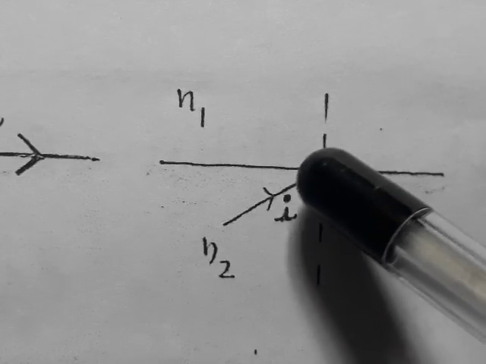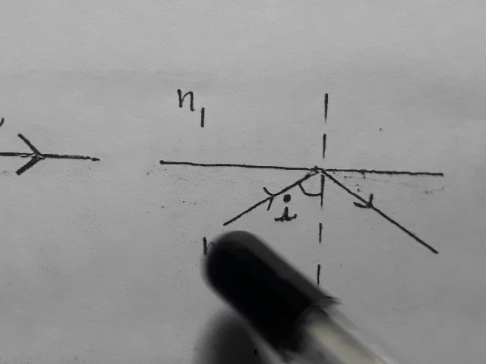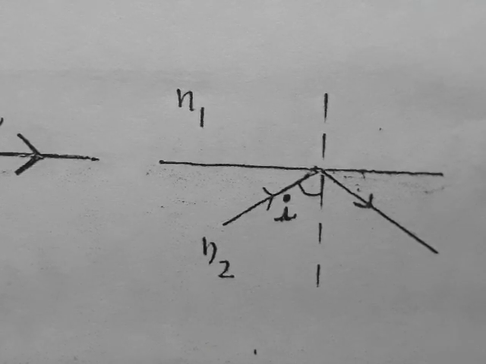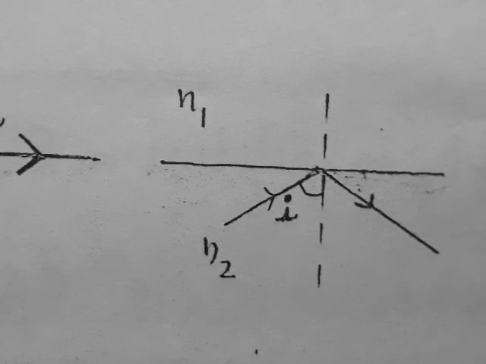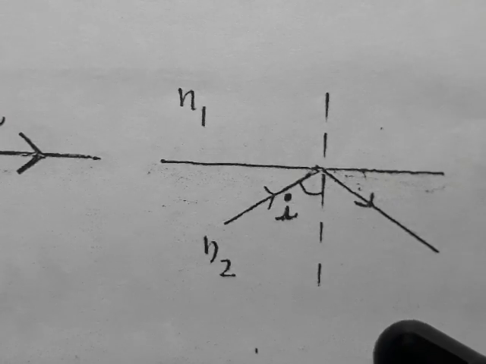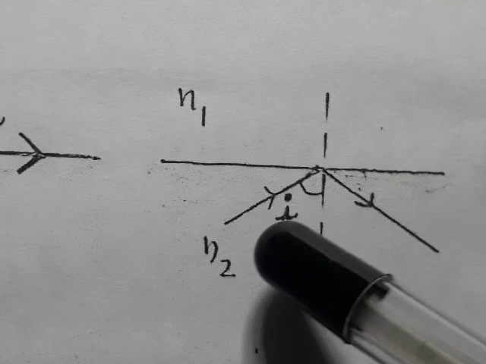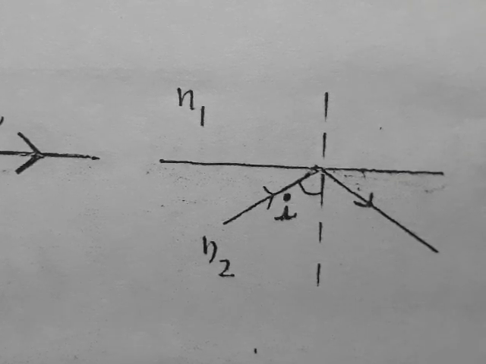In effect it gets completely reflected back. This phenomenon is called total internal reflection. So for total internal reflection to happen, light should travel from a denser to a rarer medium, and the angle of incidence should be greater than the critical angle.